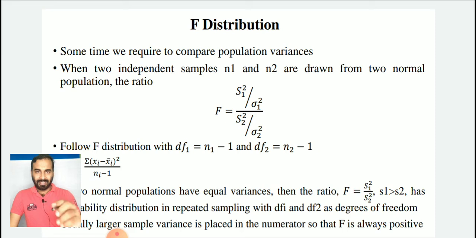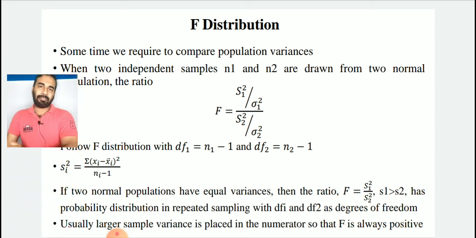So for these samples, what would be our f-test? F is defined as the variance of the sample divided by the population variance, for the first sample: s1 squared divided by sigma1 squared, whole divided by the variance of the second sample divided by the variance of the second population, s2 squared divided by sigma2 squared.